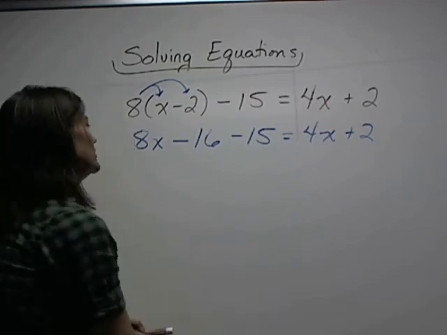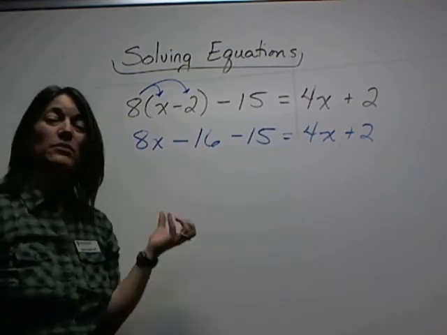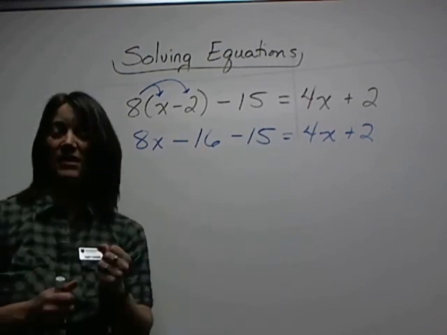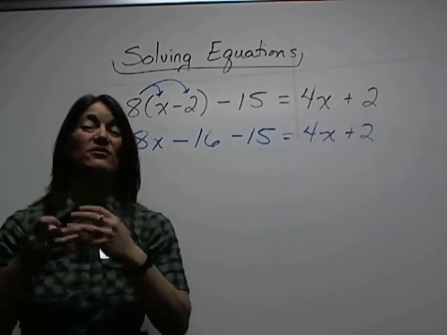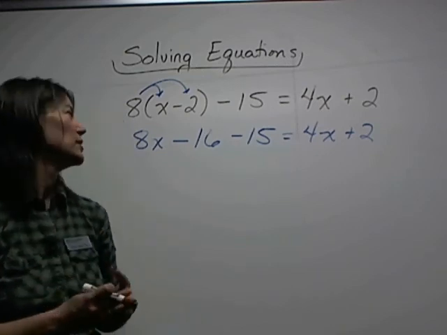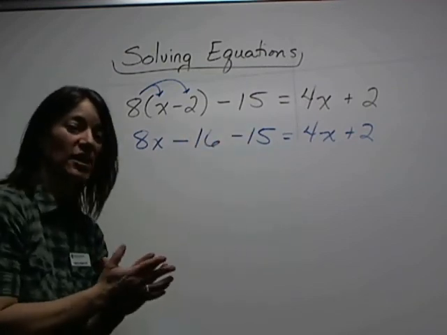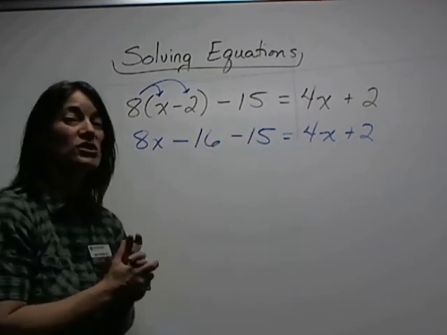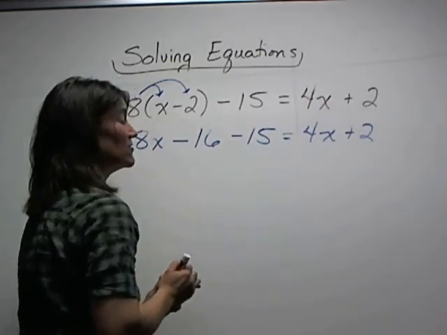At this step, though, I notice that now after having multiplied, I have some like terms on the same side of the equal sign. So I want to gather these together to make as few terms as possible. As these are both constants, they're on the same side of the equal sign, so we do not switch signs. We just simply say, I have a negative 16 and a negative 15.